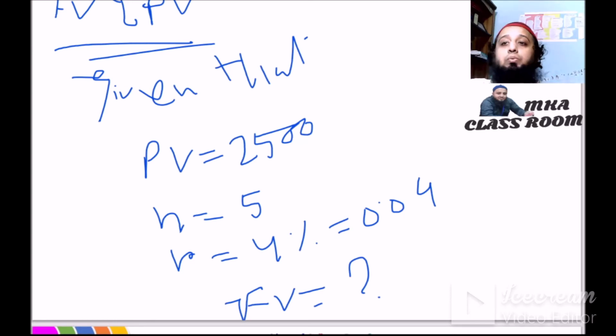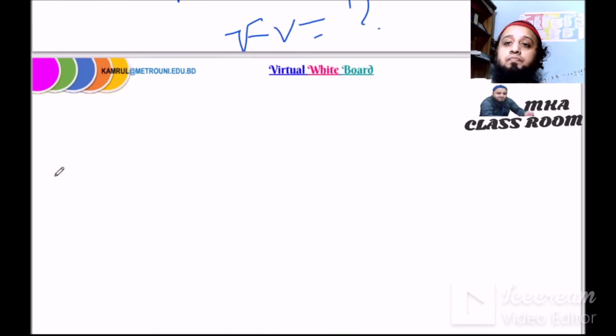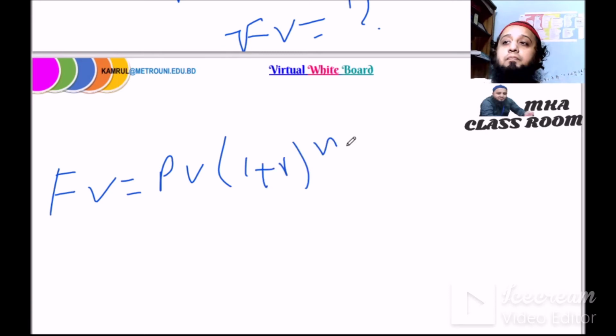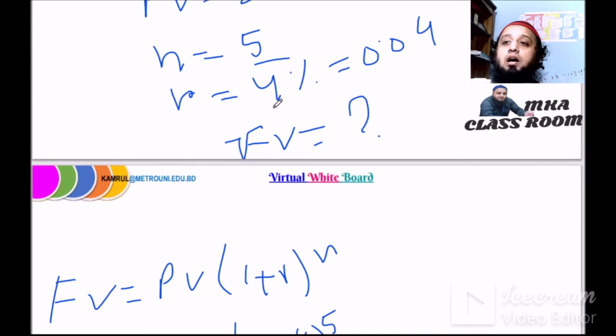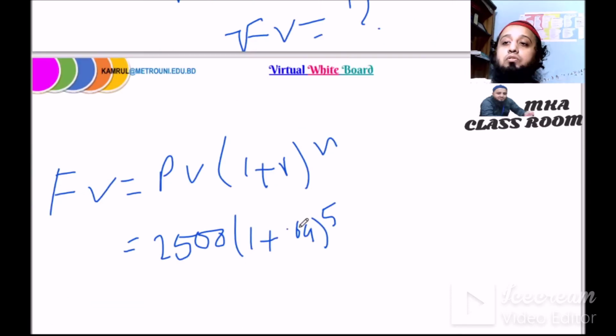So, we know the formula, future value equal to present value into 1 plus r power n. So, that is 2,500 into 1 plus 0.04 power 5, n equal to 5, r equal to 0.04.